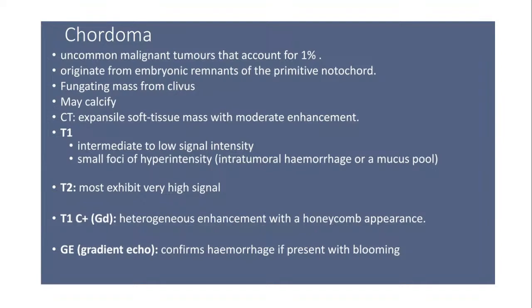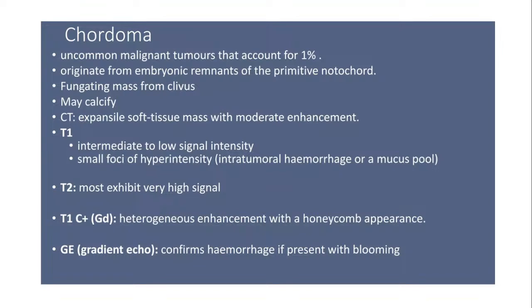The other is a chordoma, which is a bit of a malignant tumor that usually accounts for 1% of lesions, arising usually from the embryonic remnants of the primitive notochord cells. They usually arise from the clivus, but again follow the 30-30 rule: 30% of them from the spheno-occipital region, 30% from the mobile spine, and 30% in the sacrum.